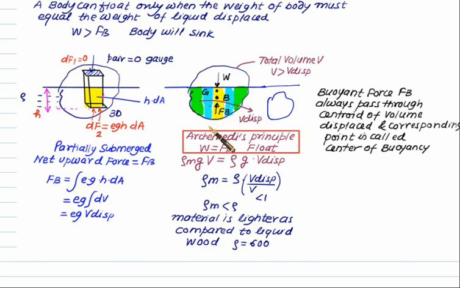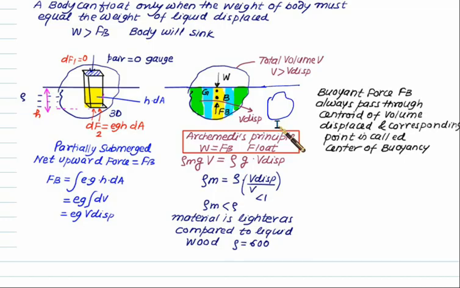Weight will act at G and the buoyant force will pass through B. As per the Archimedes principle, for a partially or fully submerged body, the weight must equal FB. This situation is possible if the density of the material is less than the density of the liquid, for example plastic or wood. And this one is a fully submerged body. A fully submerged body is, for example, a balloon.